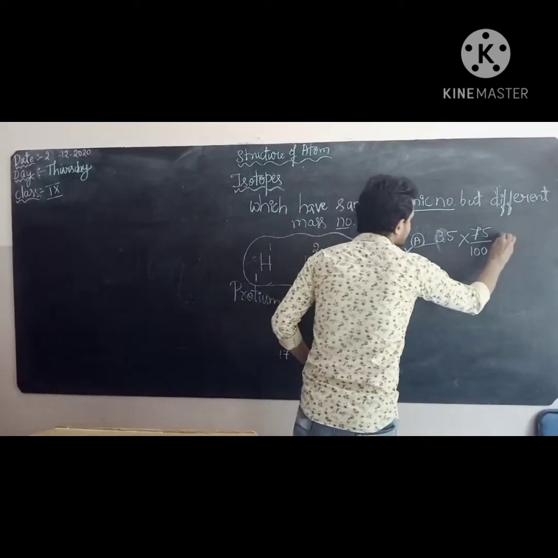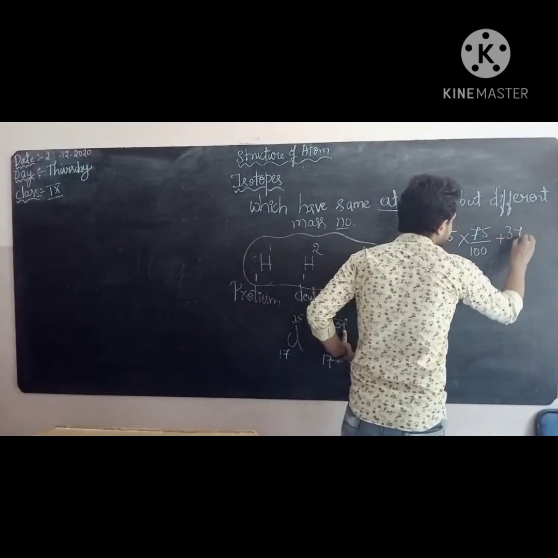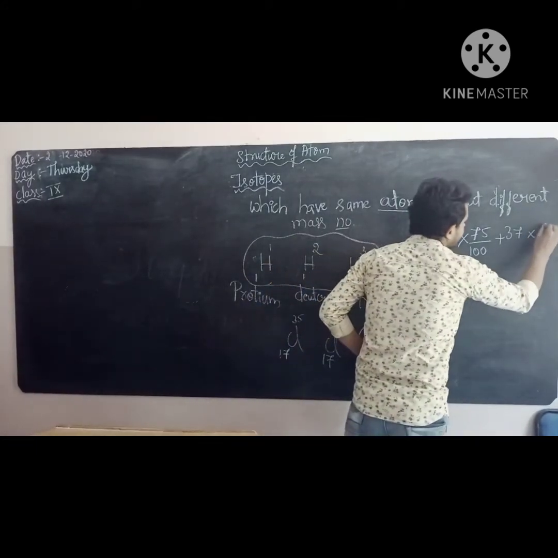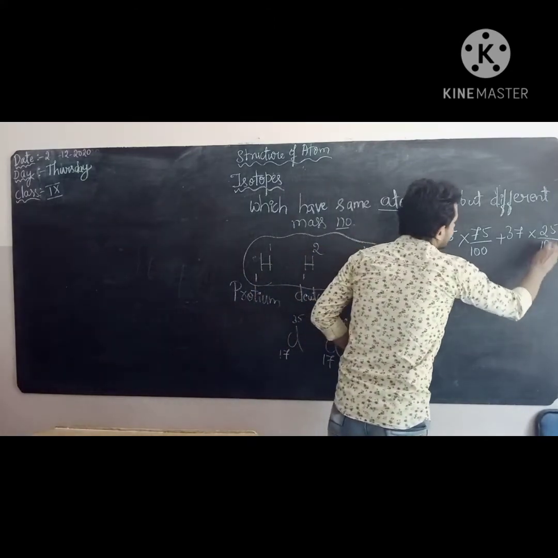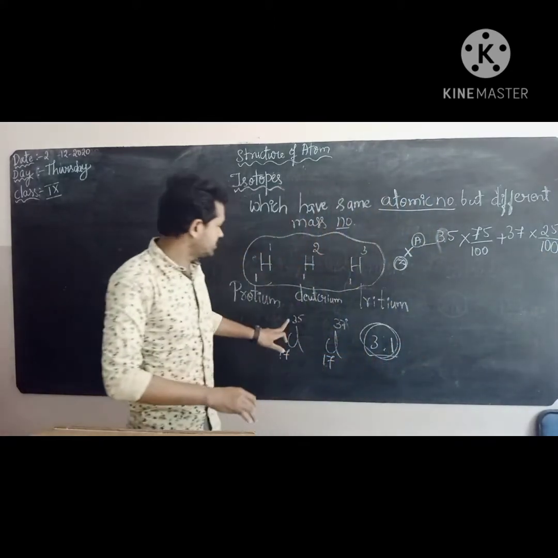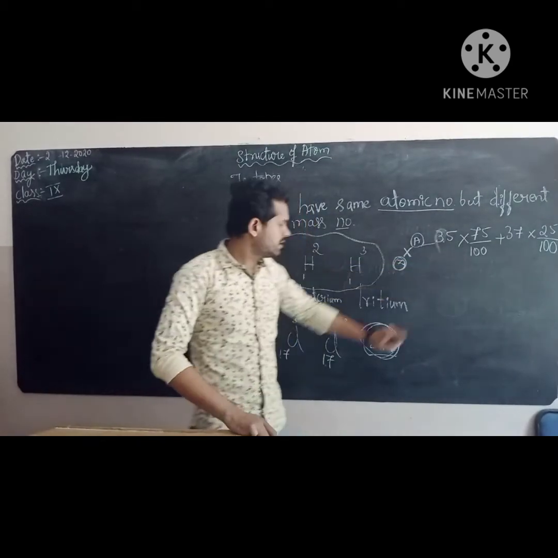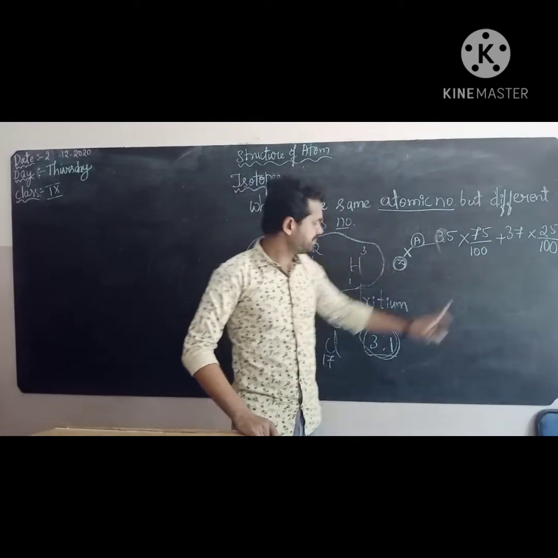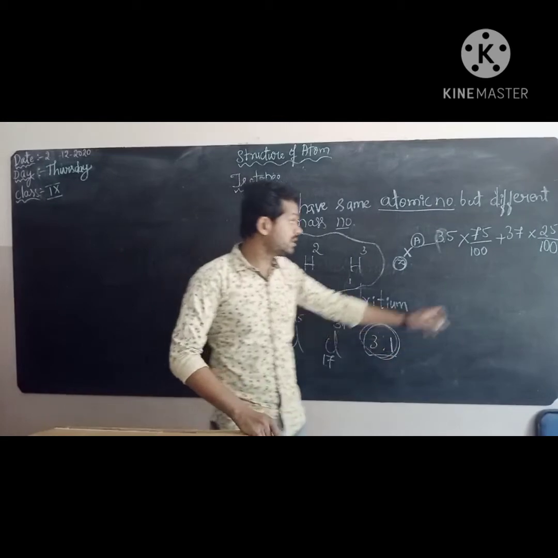plus we have 37 into 1, which is nothing but 25%, and that divided by 100. You understand? So just write the mass number into that proportion divided by 100. 3 proportion is nothing but 75% and 1 proportion is nothing but 25%.